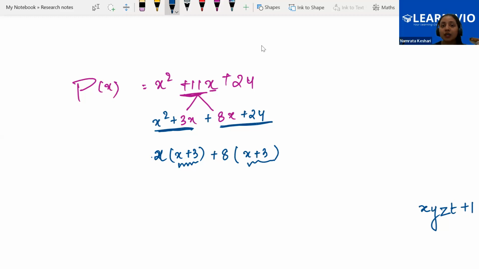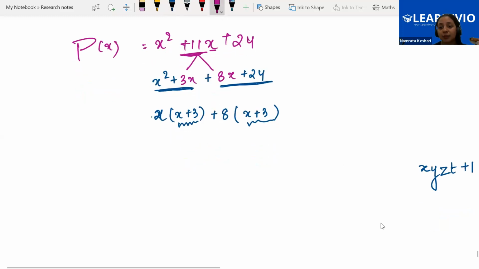Now similarly, if we have a bracket, suppose x is one term, xy still one term, xyz still one term, xyz into (a plus b) still one term. Why one term? Because a plus b is sitting in a bracket and it is working like a single unit.